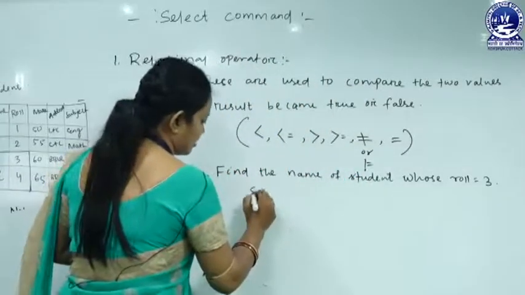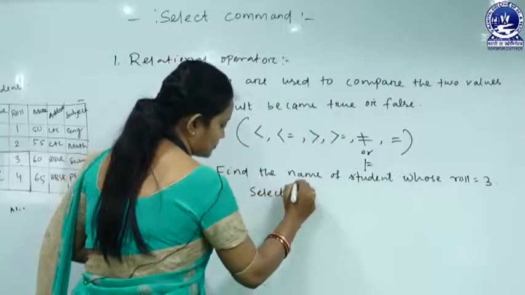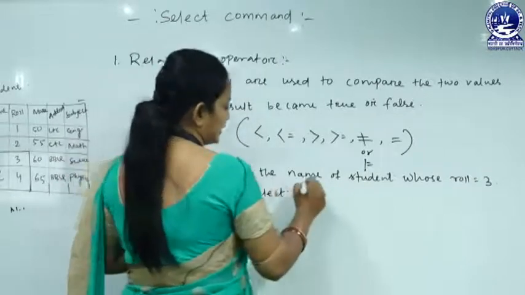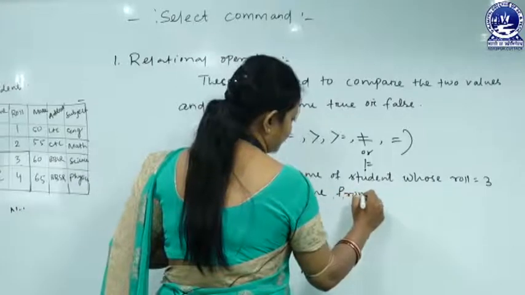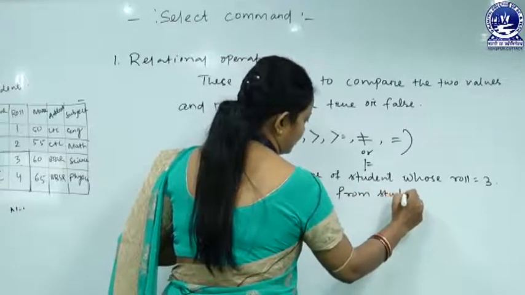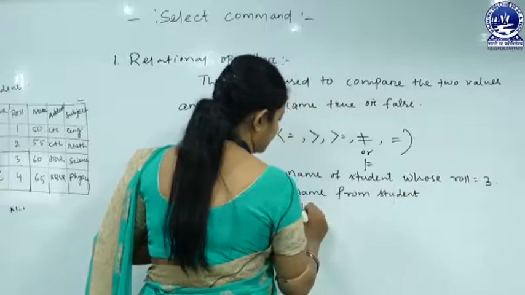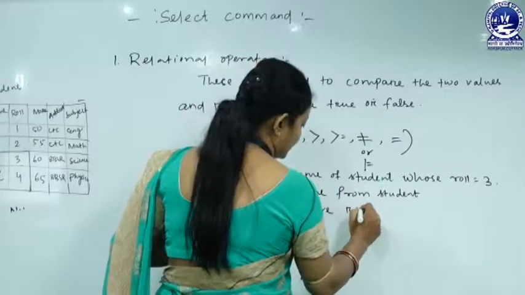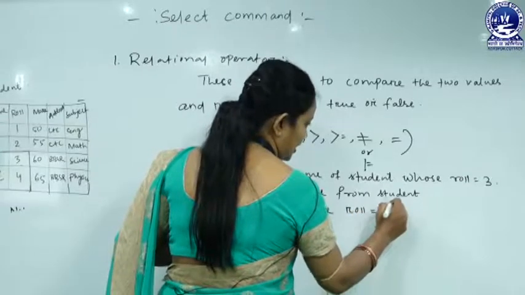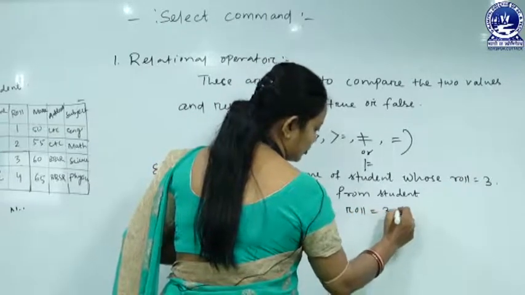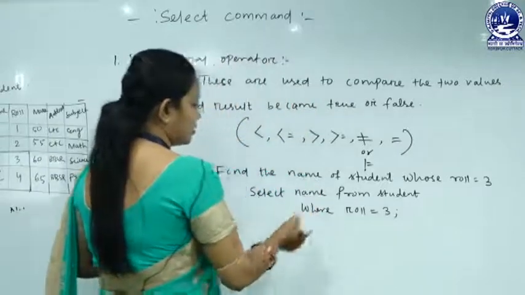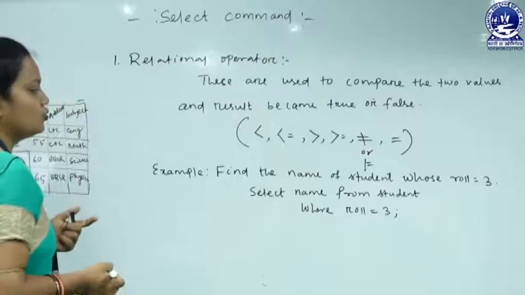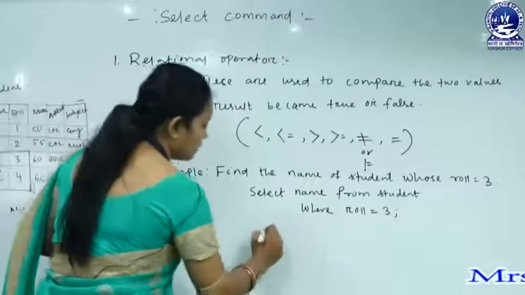For that I can write select name from student where roll equals 3, using the relational operator: attribute followed by the operator and the value, that is 3. Then what will it return? It will return the name of the tuple whose roll number is 3.